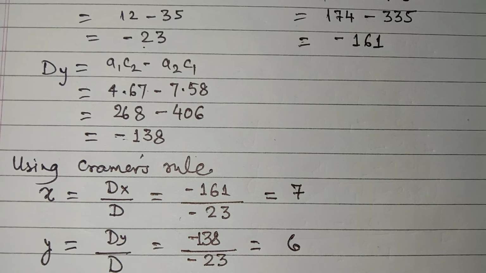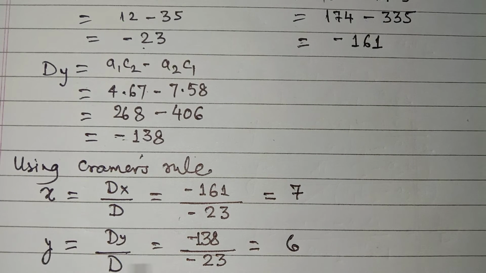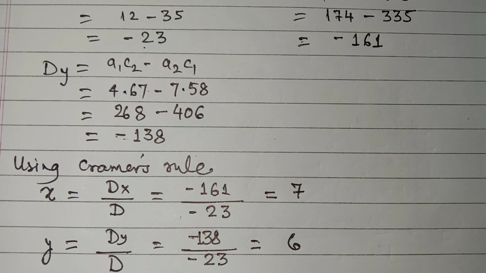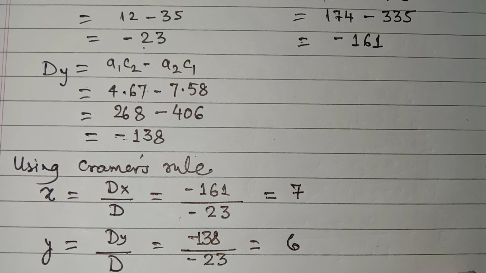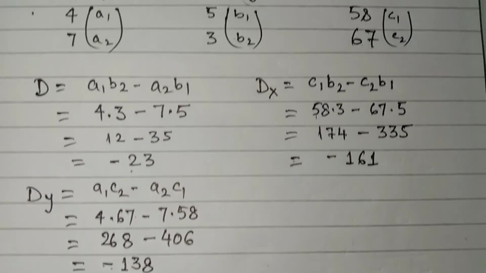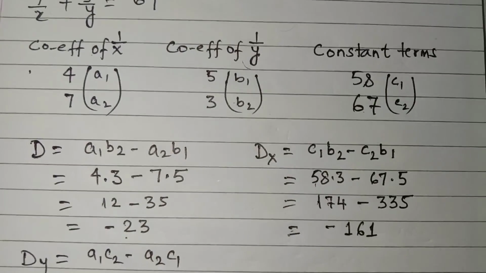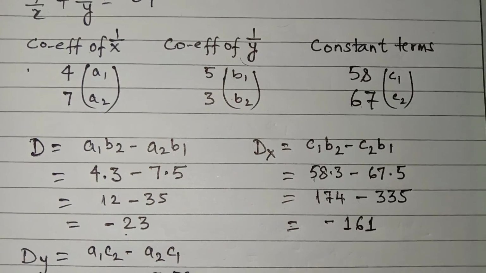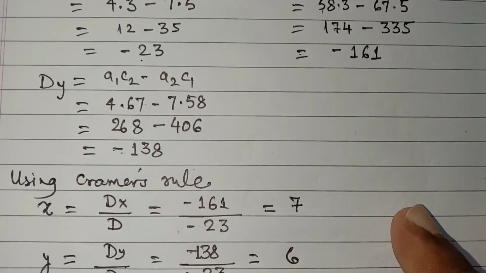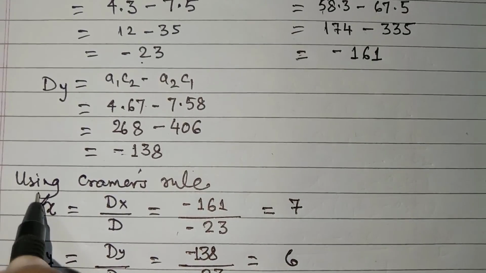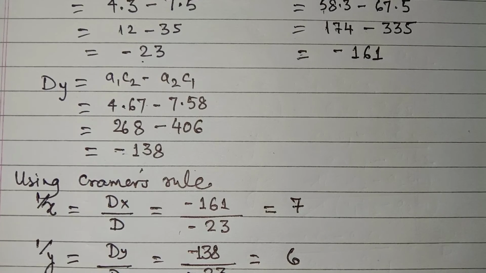Okay. So 1 by x is 7 and 1 by y is 6. Sorry friends, we had the variables as 1 by x and 1 by y, so our solution also comes as 1 by x and 1 by y.